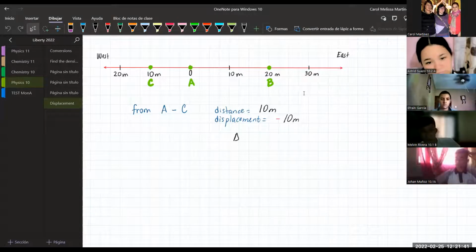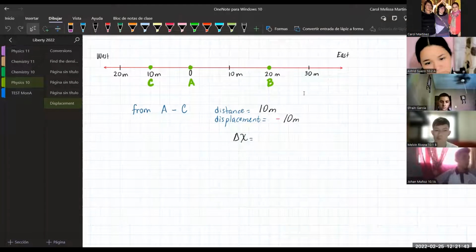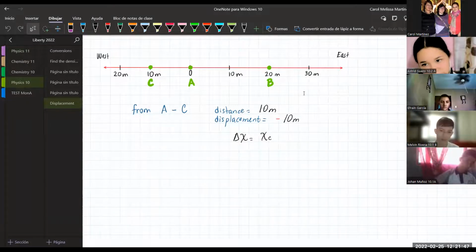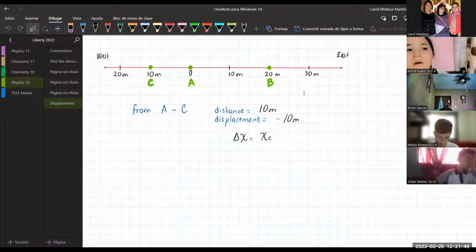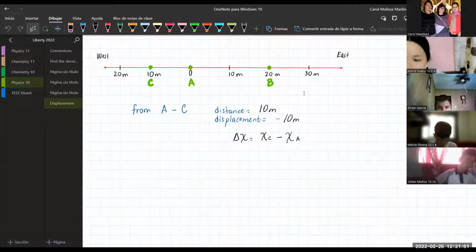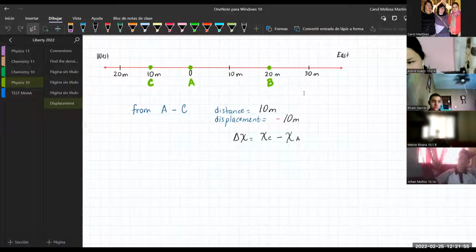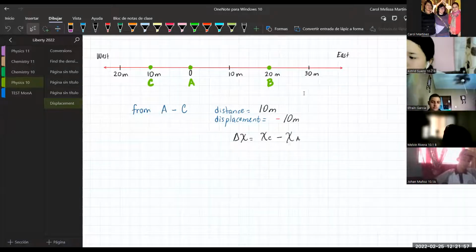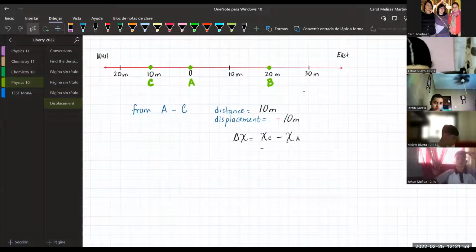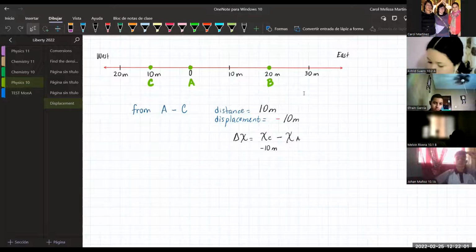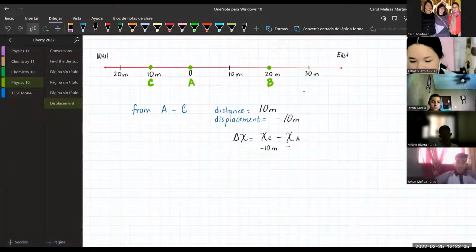Displacement from A to C is final position, that is at C, minus initial position, that is at A. The final position at C is negative 10 meters because it is in the left side, it's in the west. This minus is from the formula and XA, that is 0 meters.